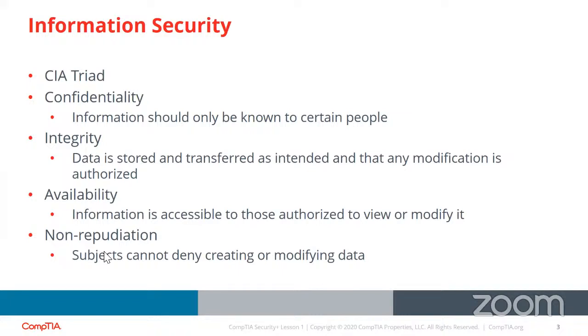All right, I mentioned the importance of CIA, right? How important it is to cybersecurity. I explained that for every security infrastructure put in place by an organization, that infrastructure should be able to uphold the CIA triad.